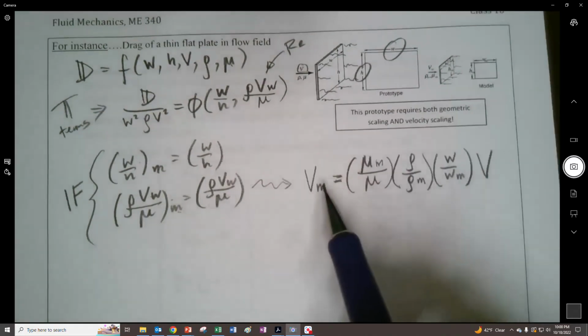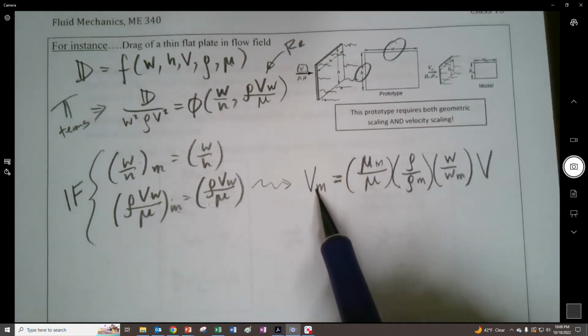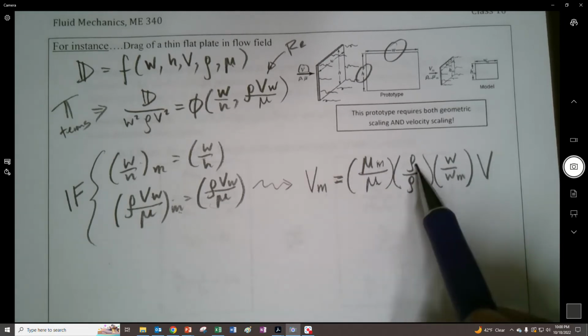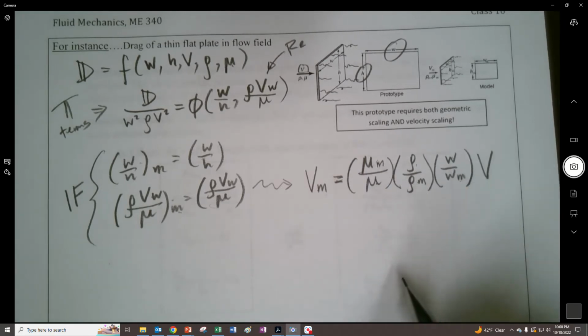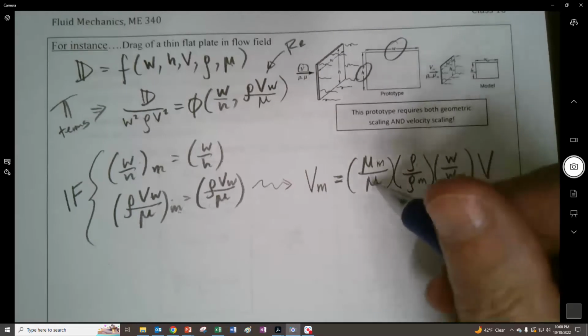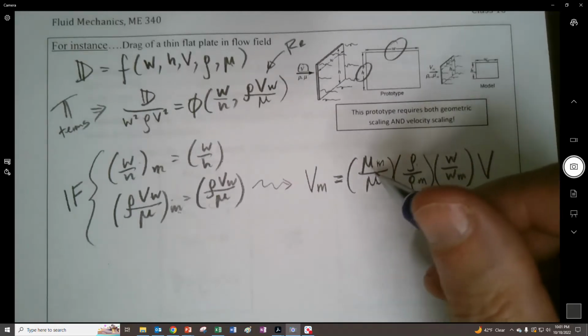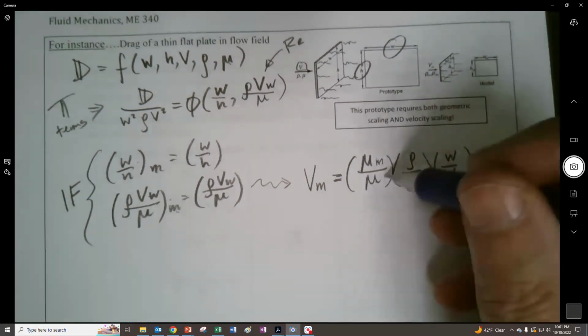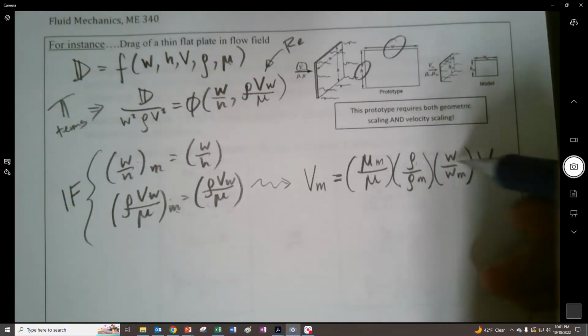So we could find what velocity we need for our model based on these proportions. We'll look at this in a second. We will call each of these terms lambdas, but I didn't want to jump into it right away.